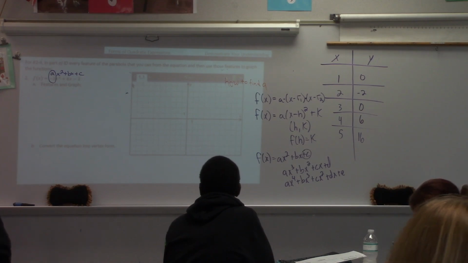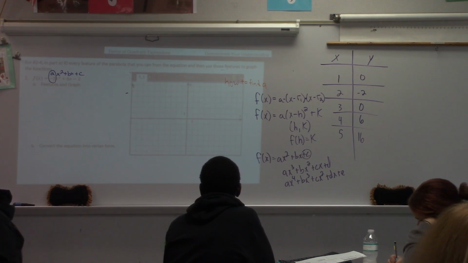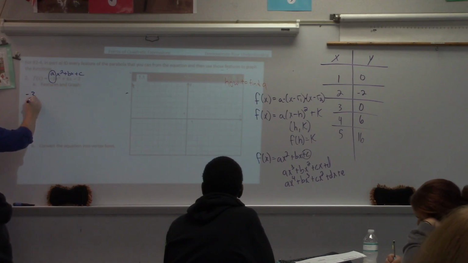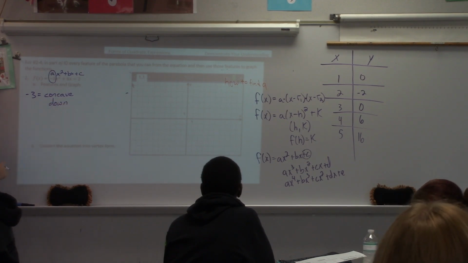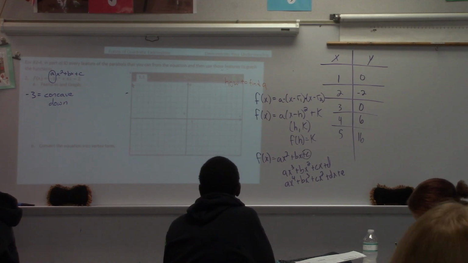Is that also evidence for why the parabola is concave down? Yes. Now, I need y'all to be careful, because I saw this a whole lot. What is conceptually wrong about that? There's a major concept that we're misunderstanding here. Okay?